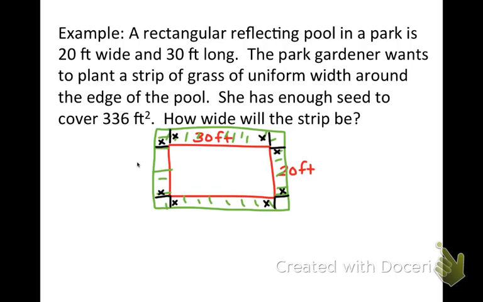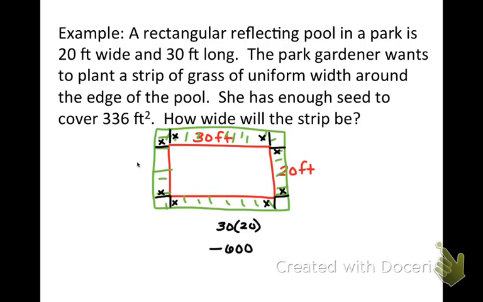You find the area of the rectangle in the middle and subtract it from the area of the whole rectangle, right? Did everybody get that? So the area of the reflecting pool is easy to find. What's that going to be? 30 times 20, which is 600 feet squared, which I'm going to subtract. Now I have to figure out the dimensions of the big rectangle.